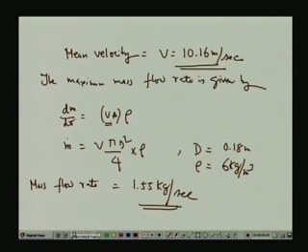Now we have to find the Reynolds number. Let us take a new page. Now the Reynolds number is given by Re equal to rho V d by eta, where eta is the viscosity.